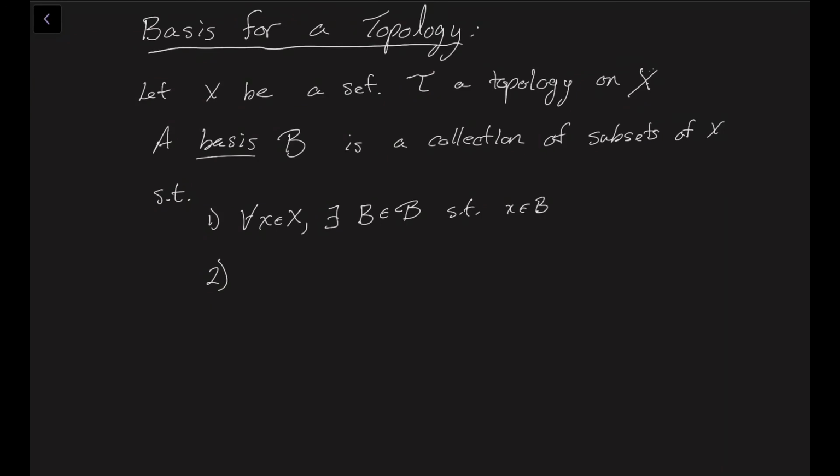So every element is contained in a basis set. And secondly, if I have an x, an element, in two basis elements, there's a third basis element that contains x that is a subset of the intersection of the first two. And writing it out, it looks a little clearer.